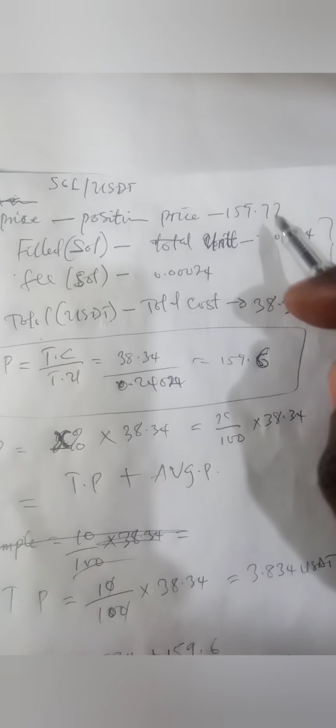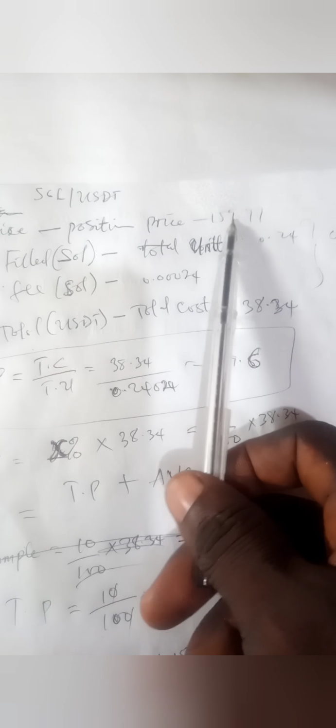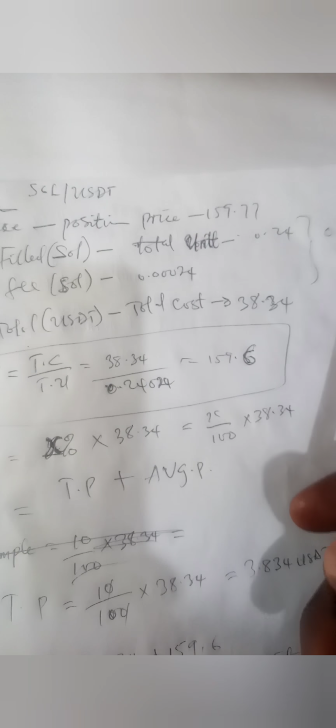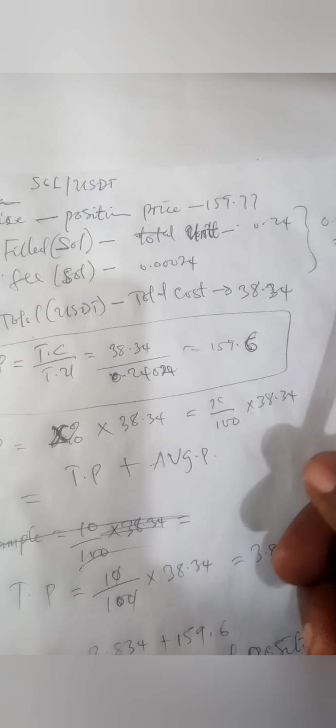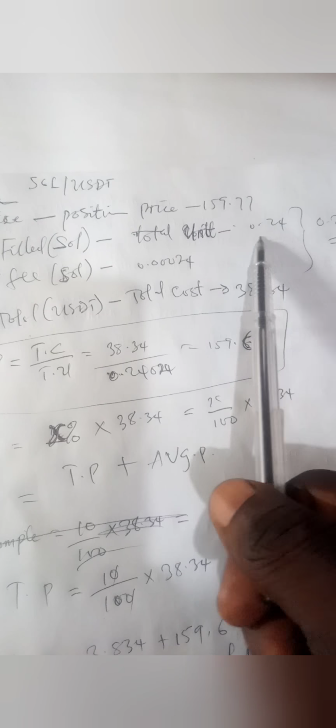Of course, I'm going to prove to you that this is your average price now. Here, there is no need of you calculating the average price, because if you divide the total cost by the total units, if you divide this number by this very number, which is 0.24 plus these charges, because this charge actually came from the amount of SOL that was bought.